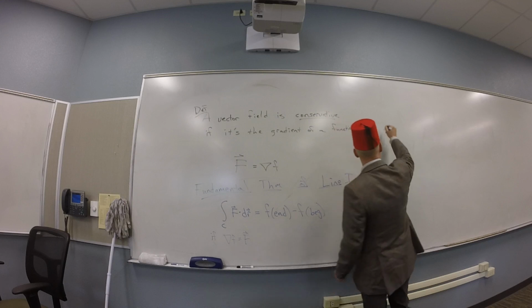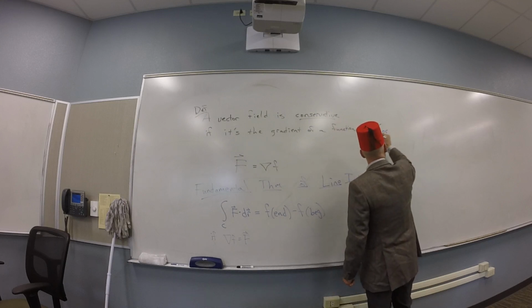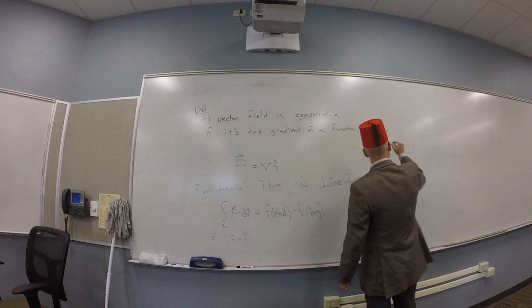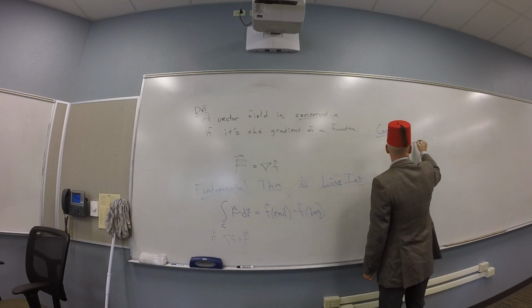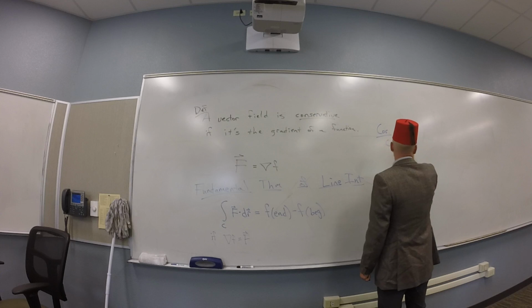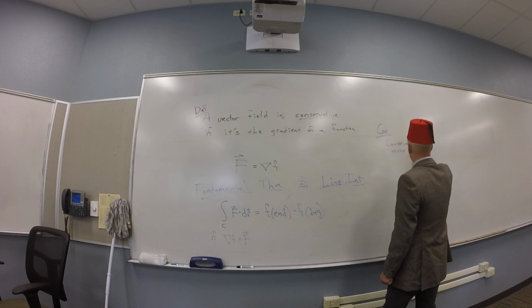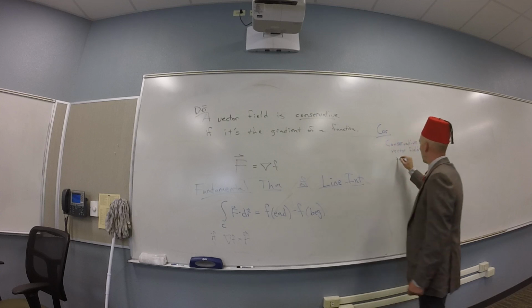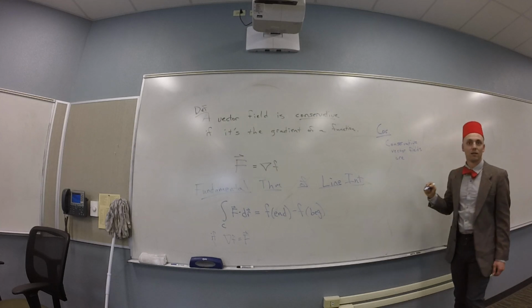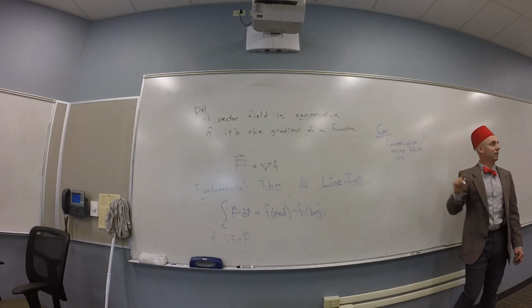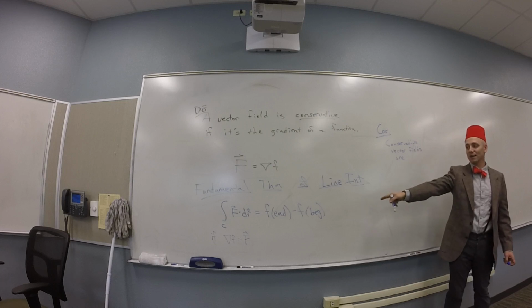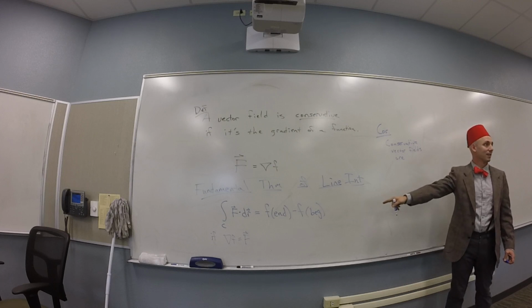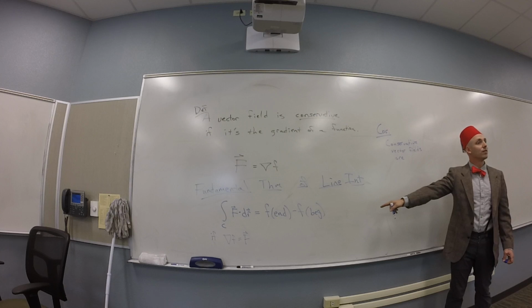Conservative functions. So a little corollary. Conservative vector fields are, if it doesn't matter what the parameterization is, if it's only about the beginning and the end, path independent.